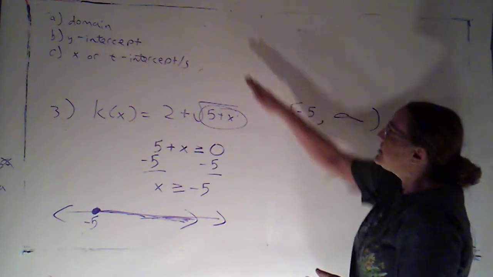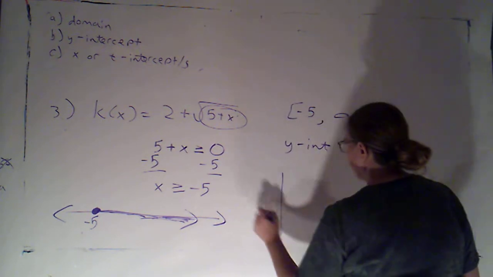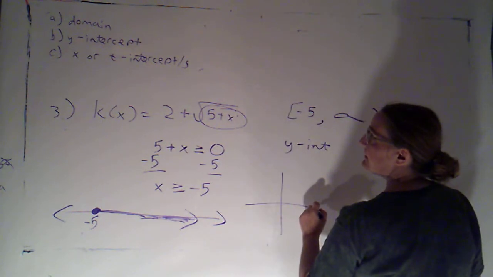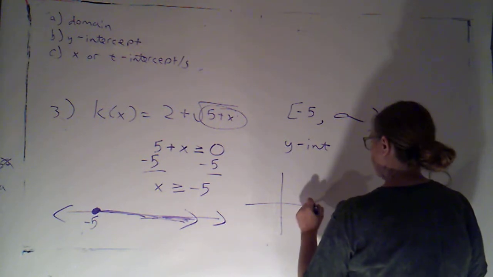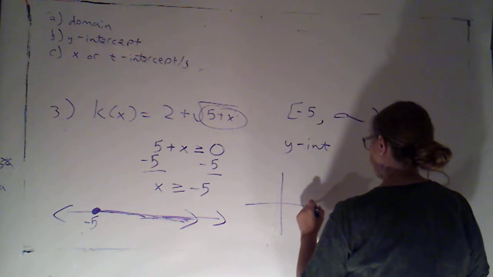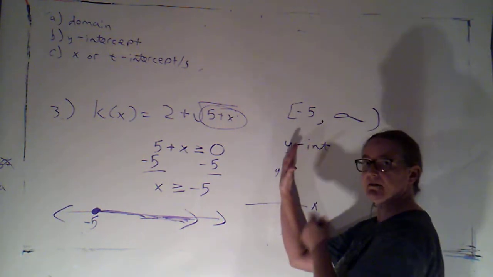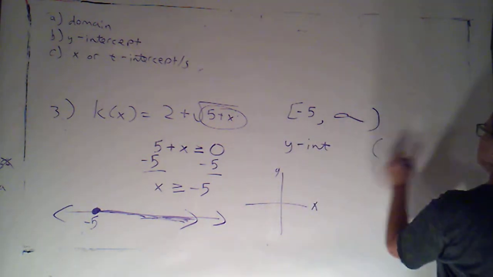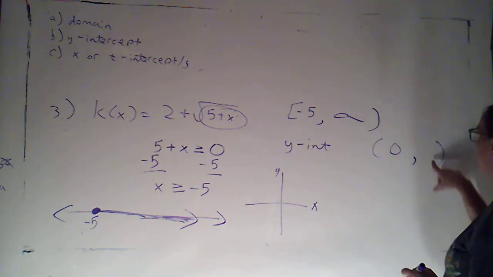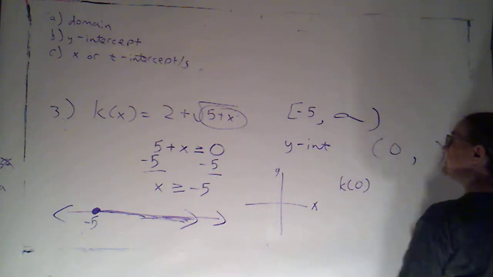All right, to find the y-intercept, if we're looking on the y-axis, that means our x value is going to be 0. So what's going to go here will be k of 0.